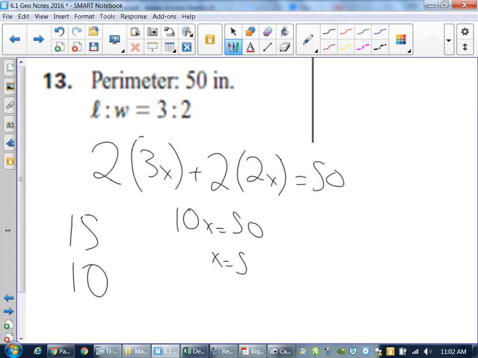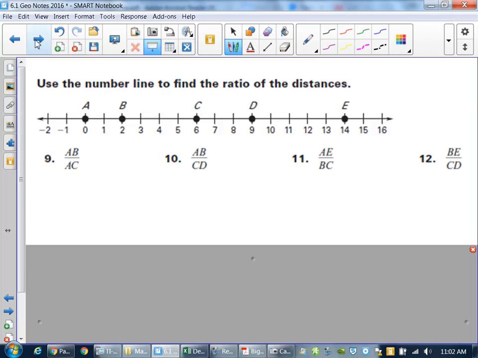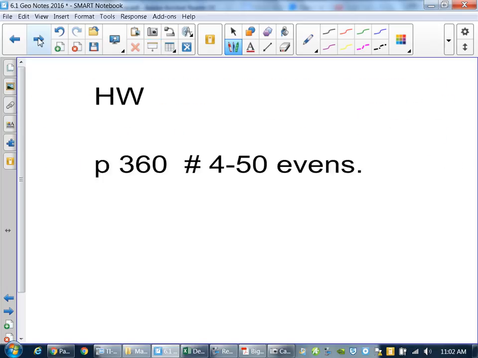Do I need to ask if you guys know how to count the number line? No. Okay, then I'm not going to bother with it. Do those. You see how fast these things are?